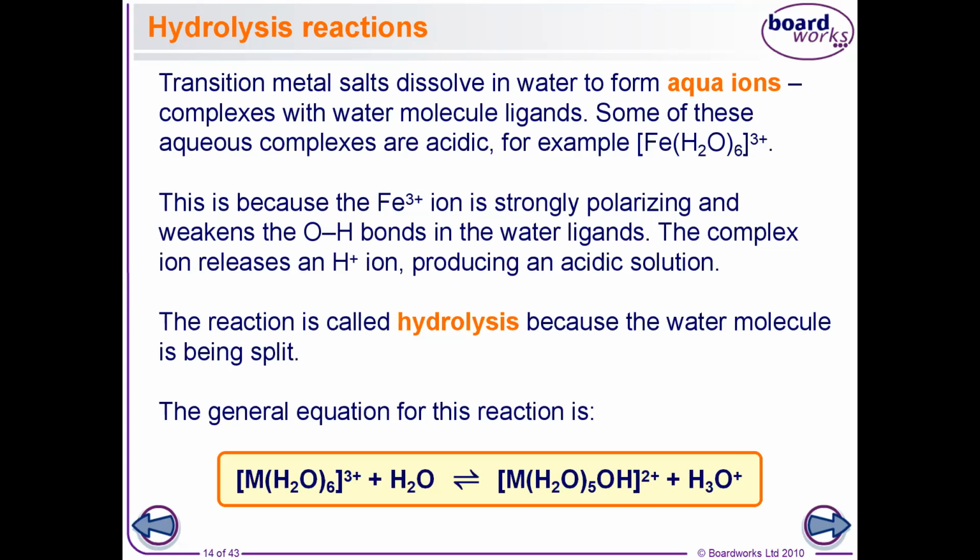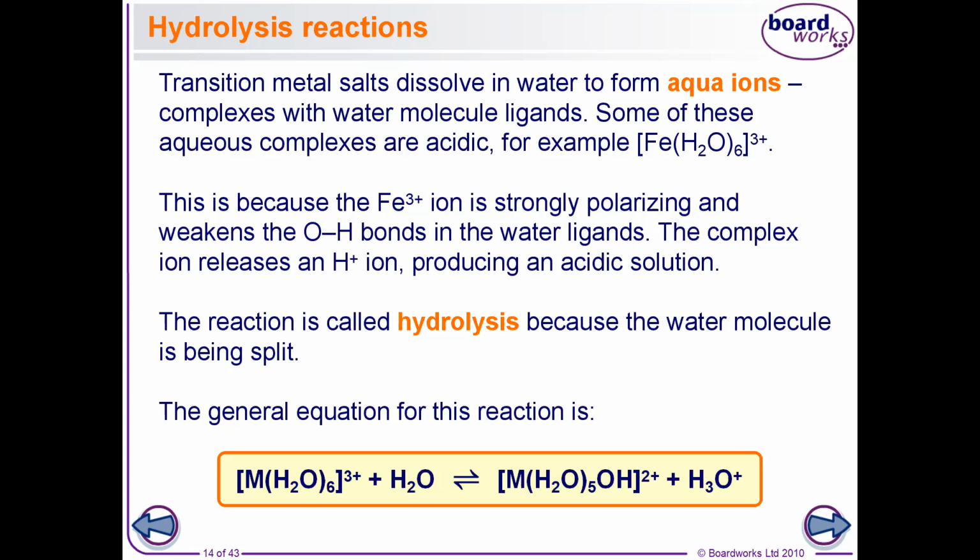So again, if the metal ion is polarizing, it will break or split the water molecule, releasing the hydrogen atom in the bond, creating free hydrogen ions.